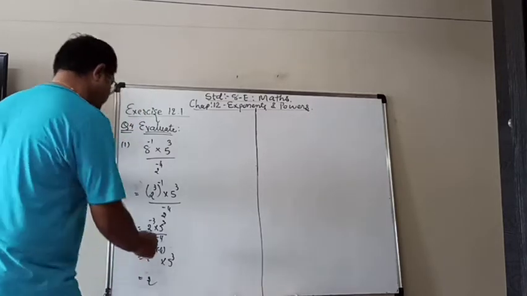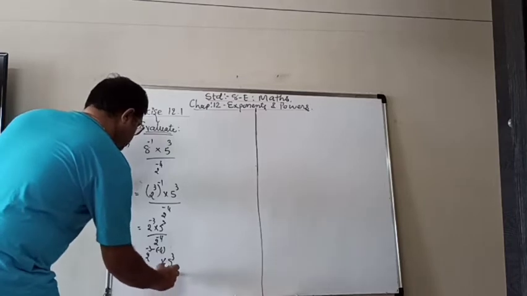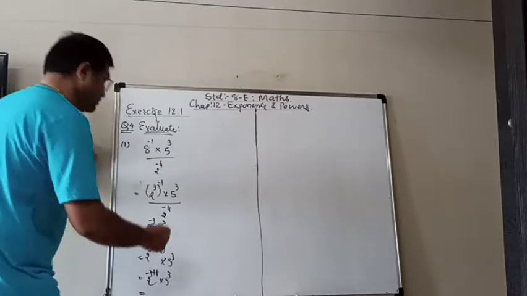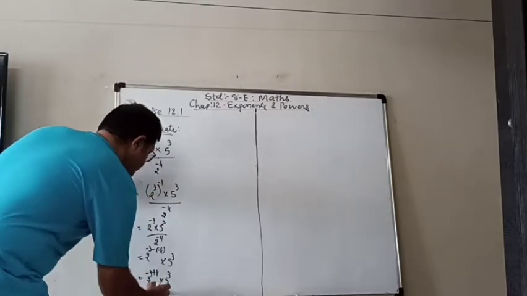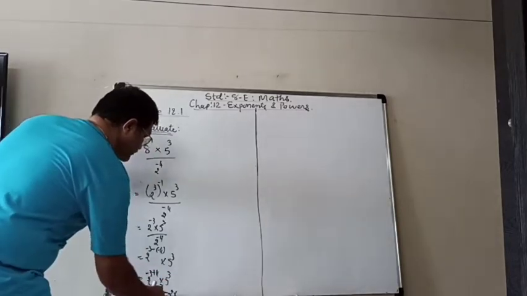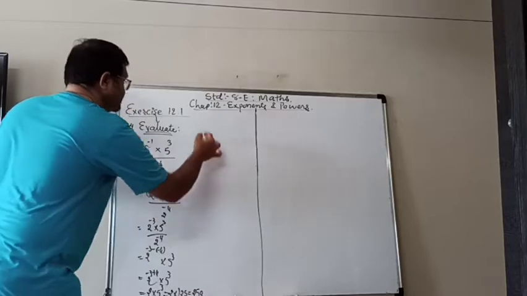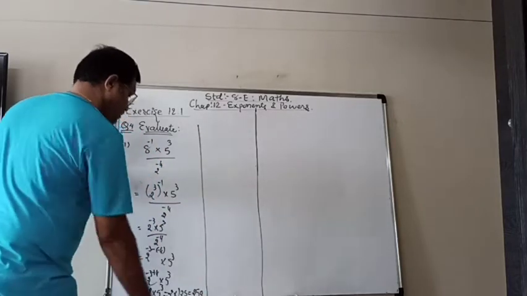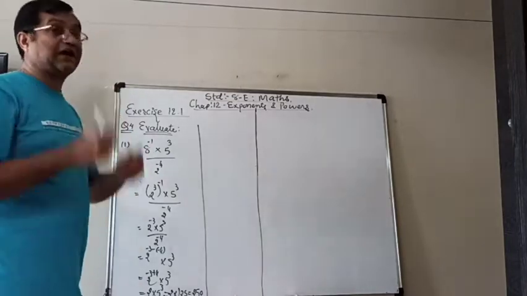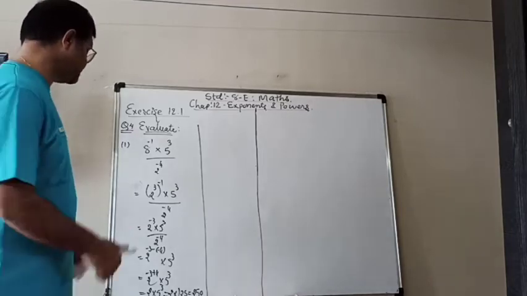So 2 raised to minus 3 minus minus, plus 4 into 5 cube. Minus 3 plus 4 is 1. We don't write down 1 power, so we write down only 2. So 2 into 5 raised to cube. And we know that 5 cube is 125, so 2 into 125 is 250. So by converting them into the same base, we can easily find out the answers.